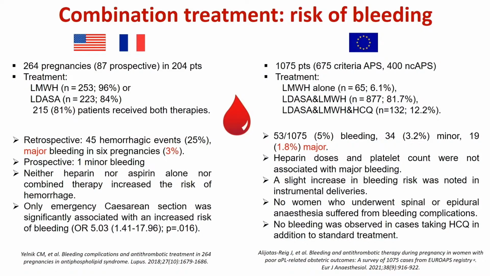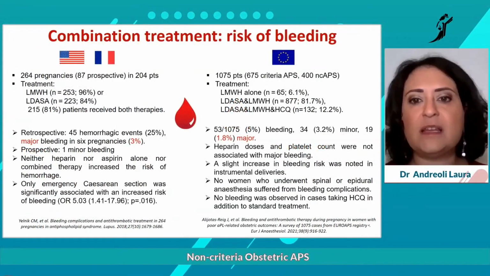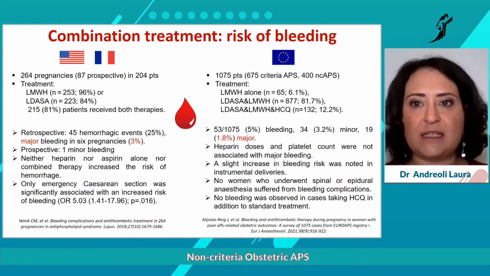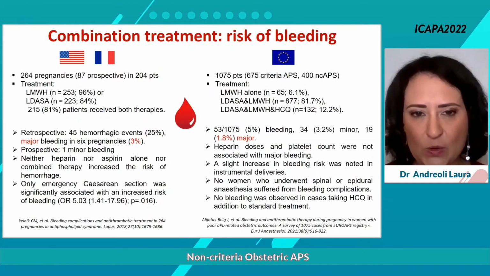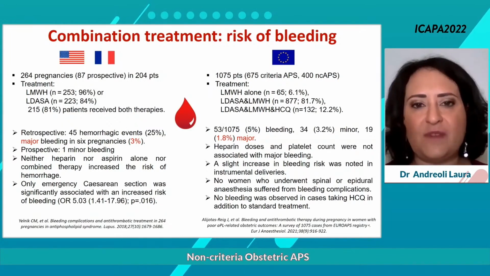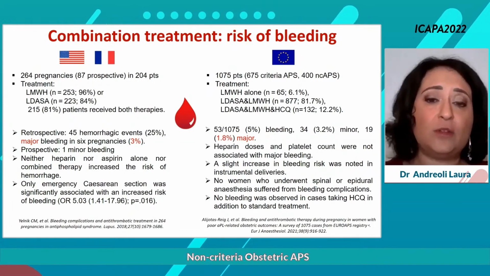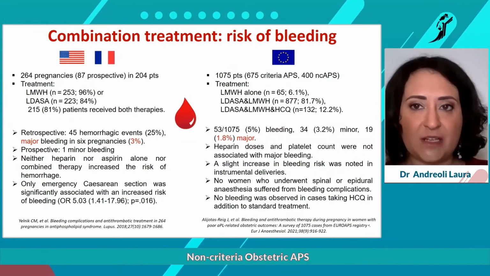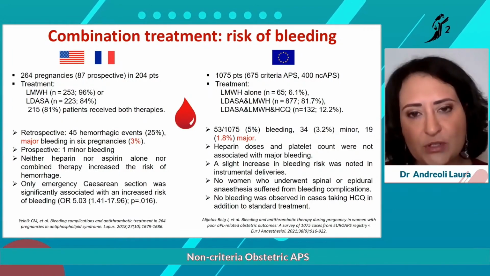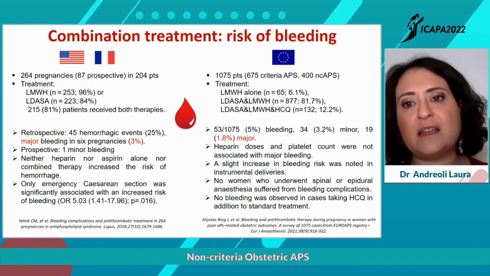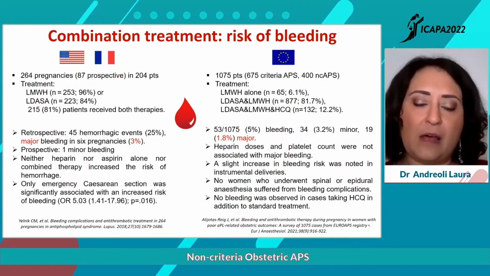Actually, there are these two studies that can reassure us, as the major bleedings were very rare, let's say 3% in the American-French cohort and 1.8% in the European cohort. So I think this is very important because we can reassure our patients and also our colleagues about the risk of bleeding, and give an opportunity to our patients to receive a treatment that probably will allow them to have good pregnancy outcomes.